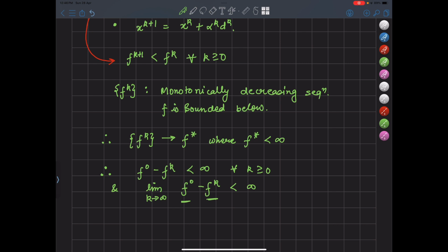The subtraction of two finite numbers is finite, and it is positive because we know that fk is always less than f naught. This is one relation that we get, which we'll use now.